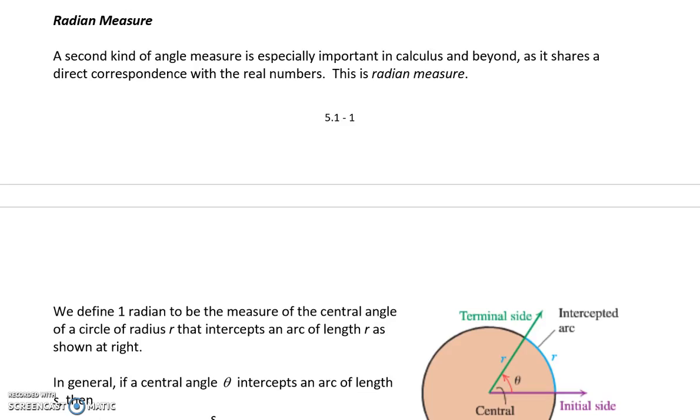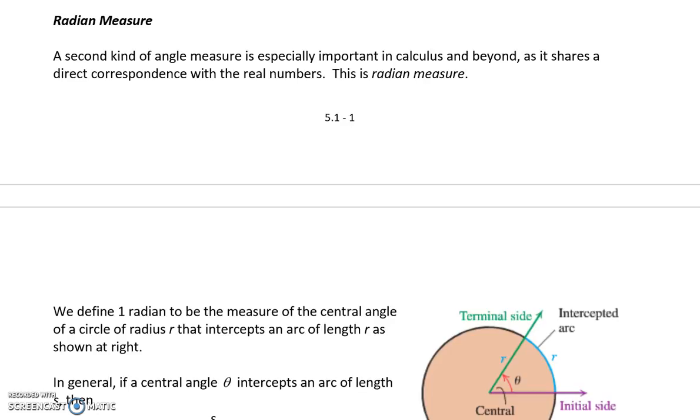Now, a second type of angle measure, which most students are less familiar with, but which actually is the more important measure, especially as you go into more advanced mathematics such as calculus, is radian measure. And the reason radian measure is of greater importance than degree measure is that there is a correspondence between angles measured in radians and real numbers.